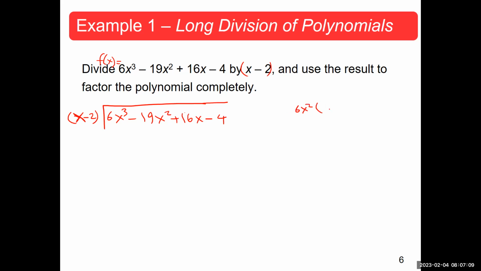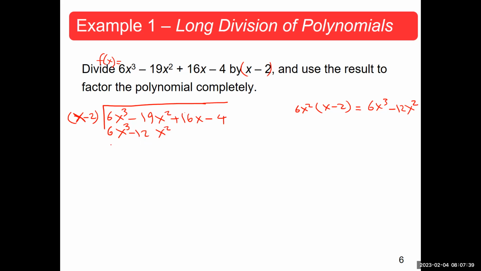Now I need to multiply it by the entire parentheses, not only by x. And that will give me 6x cubed minus 12x squared, because we distribute to the inside. Now copy this exactly under here: 6x cubed minus 12x squared.